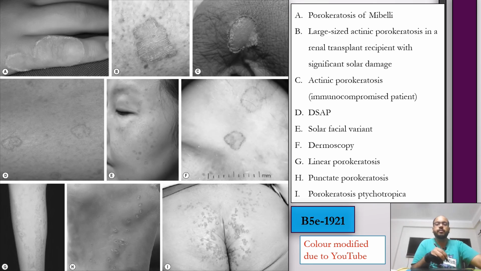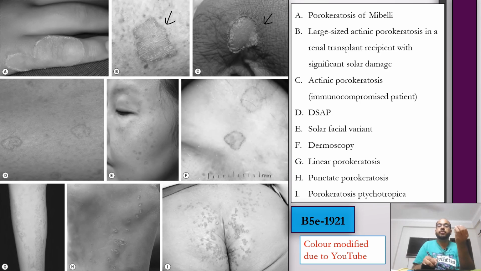Now this picture I've taken from Bologna, which shows you different types of porokeratosis together. Okay, so the first one is porokeratosis of Mibelli, so an isolated plaque over the extremities. Another is actinic porokeratosis in renal transplant patients, so it is often an immunosuppression variant. The third one is also actinic porokeratosis in an immunocompromised patient.